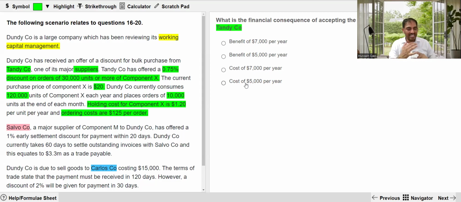The order quantity is 10,000, but the supplier offers to move the order quantity from 10,000 to 30,000. So we need to evaluate the change in cost of ordering, change in cost of holding, and the discount itself.